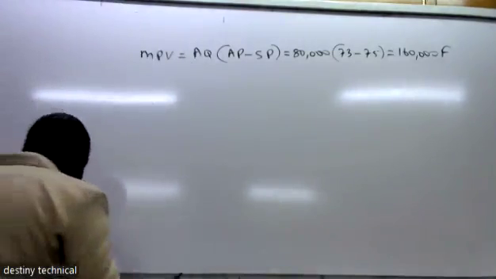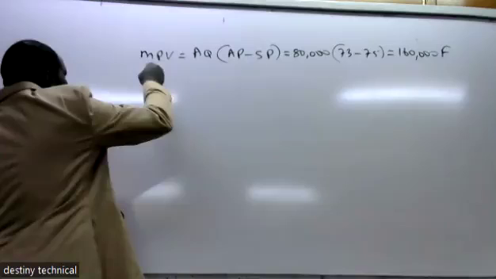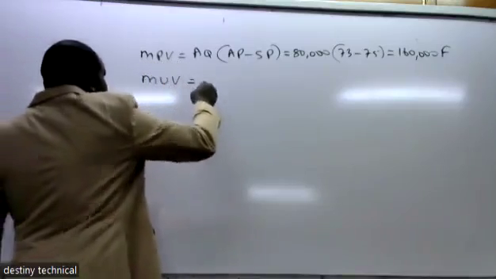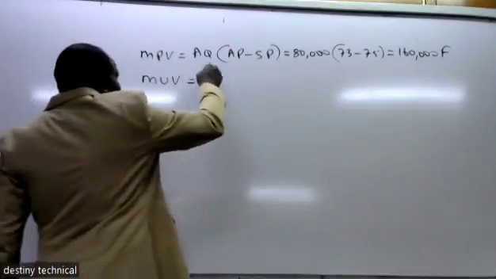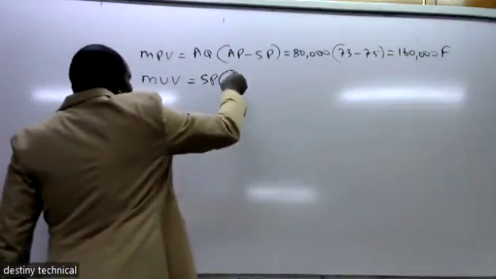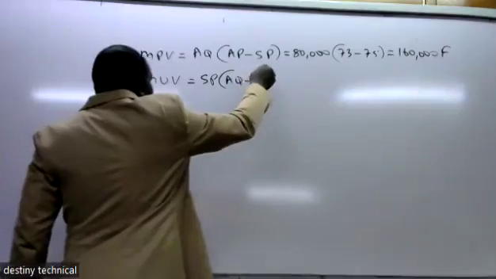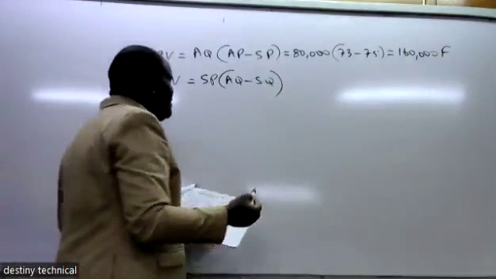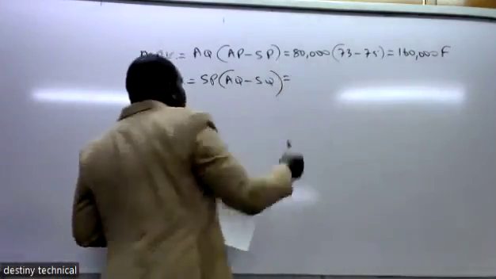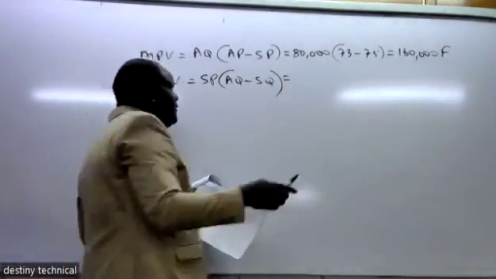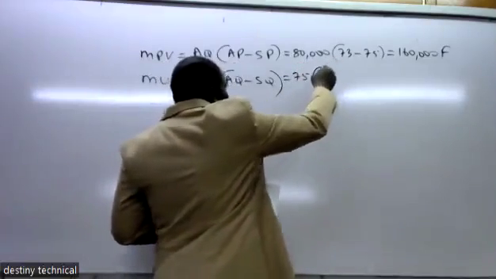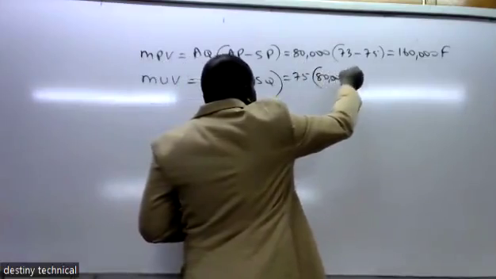We also go to the material usage variance. The material usage variance is given by the standard price times the actual quantity minus the standard quantity. The standard price is given as 75. The actual quantity is 80,000.